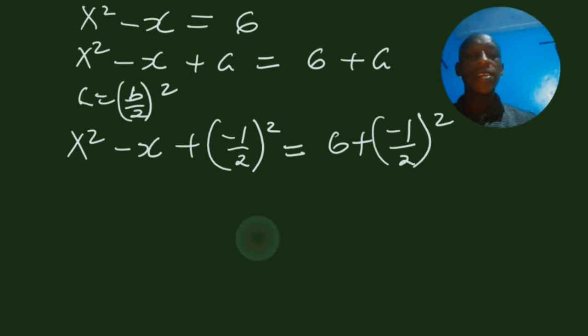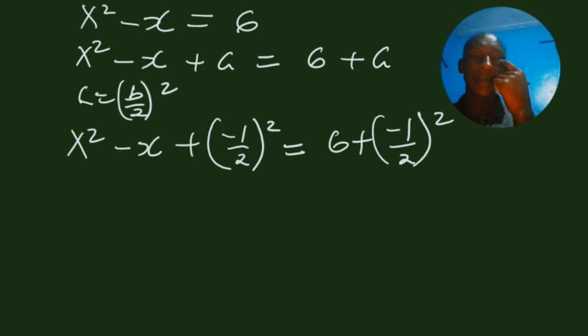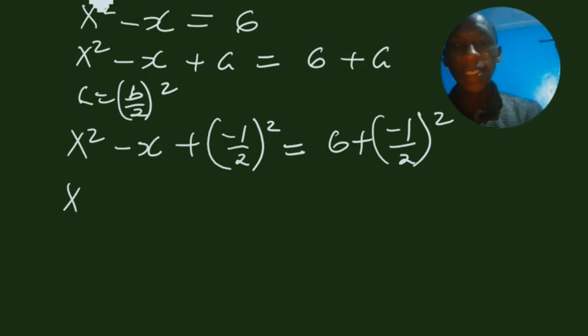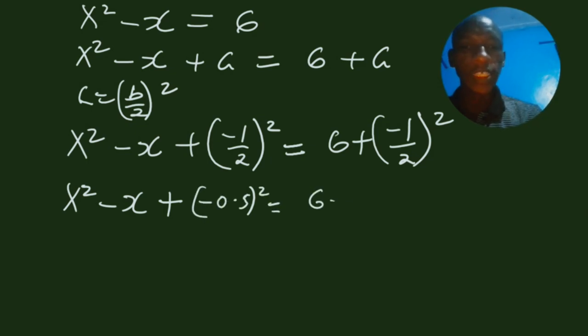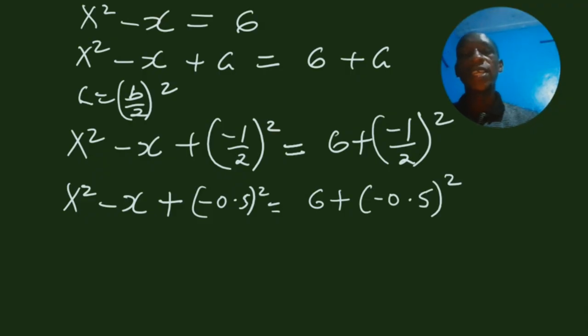So negative 1 over 2 is same as negative 0.5. So therefore, this is same as x squared minus x plus negative 0.5 squared is equal to 6 plus negative 0.5 squared. So now the next step, we said from this point pick the terms with squares. The first term with square is x, and the other term with square is negative 0.5.